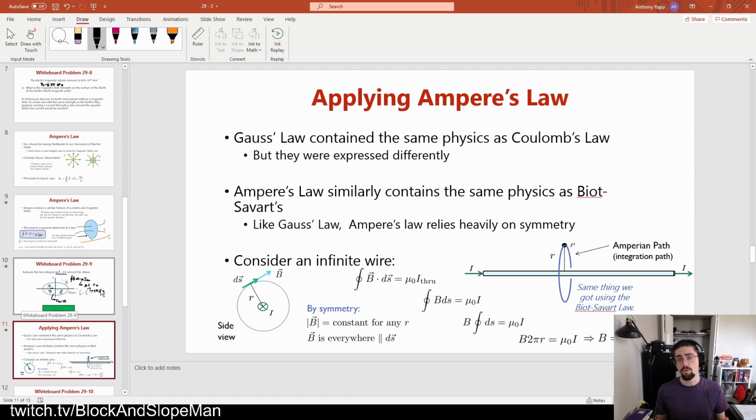But it wasn't very useful for calculating electric fields, except in circumstances where we had a lot of symmetry. Same thing kind of goes on here, right? Ampere's law is so very useful. We could find this integral value for a lot of different things, but the integral value is not what we're after. We're after the magnetic field, B. So we have to look for these high symmetry cases.